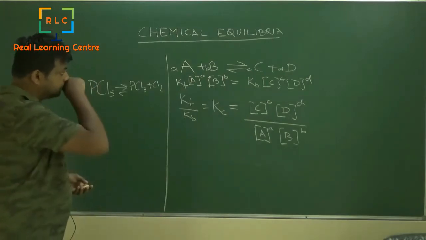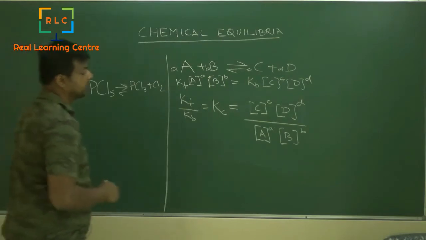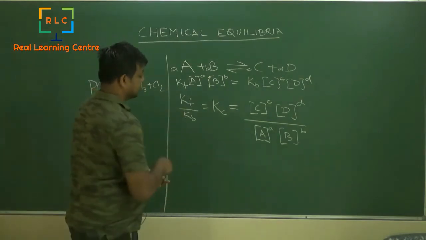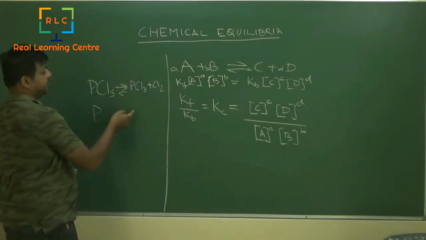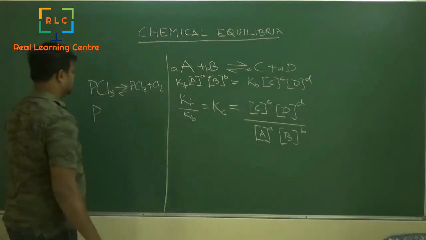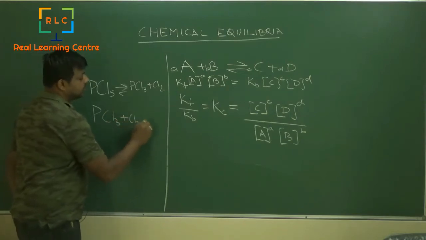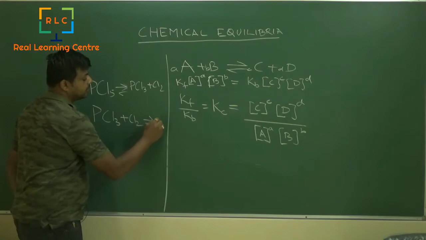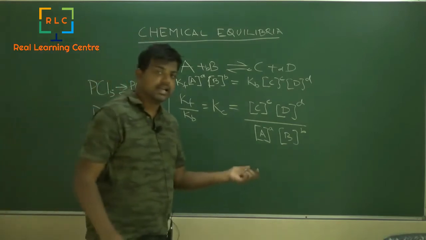Right. So what happens if we reverse the reaction? What happens to the equilibrium constant? If you reverse the reaction and write, instead of PCl5 equal to PCl3 plus Cl2, I write it as PCl3 plus Cl2 gives me PCl5, what happens to equilibrium in that case?